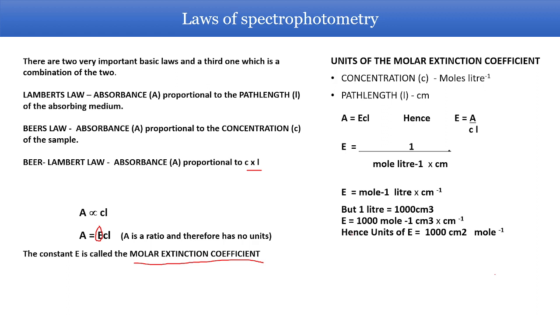Also, it can be understood as 1000 centimeter square mole inverse. So it has two units: one is 1000 centimeter square mole inverse and the other is mole inverse liter centimeter inverse.